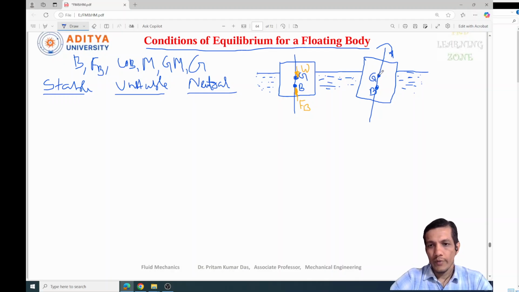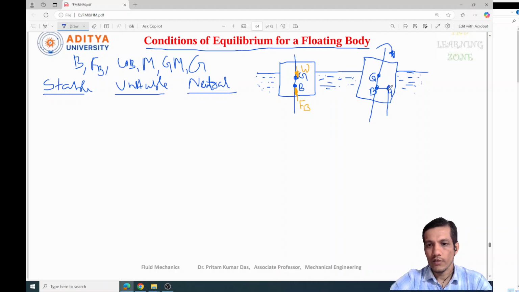Now the G point will be as usual at the initial point, but the B point, the center of buoyancy, is not going to be in the original position. It is going to change its position with some distance to the right side, because the body rotated in the clockwise direction. That's why the center of buoyancy changes its location from B point to B1 point.